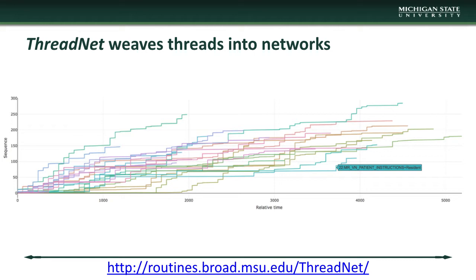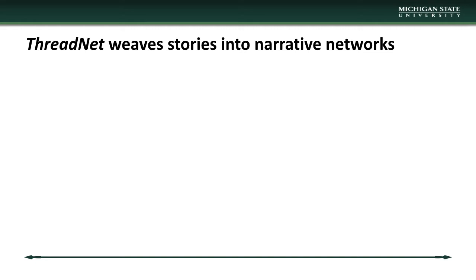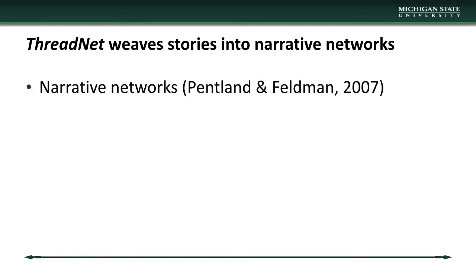So the cool thing about ThreadNet is that it weaves threads, which we'll talk about more in a minute, into networks. You can also think of it as weaving stories into narrative networks. A narrative network is an idea that Martha Feldman and I introduced a few years ago.